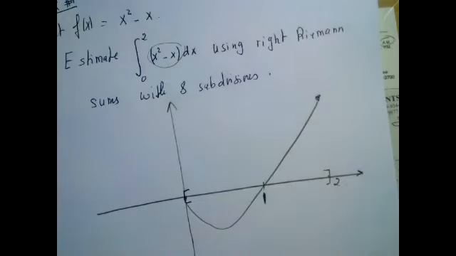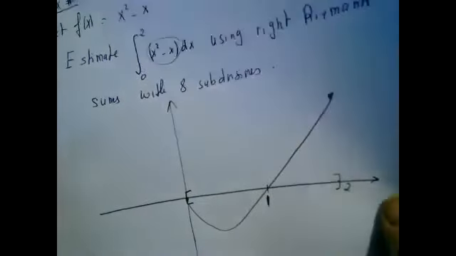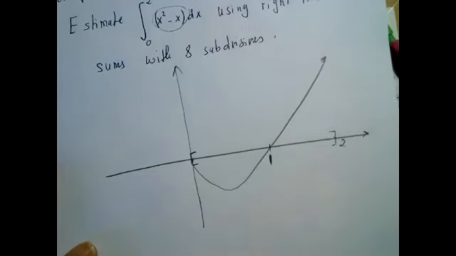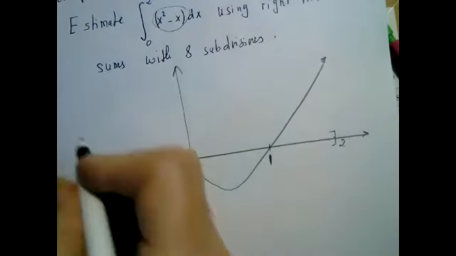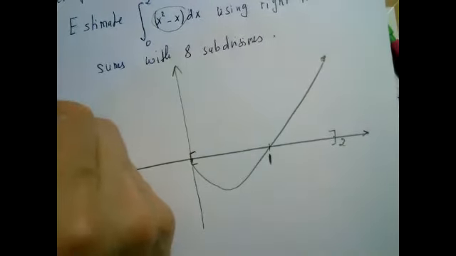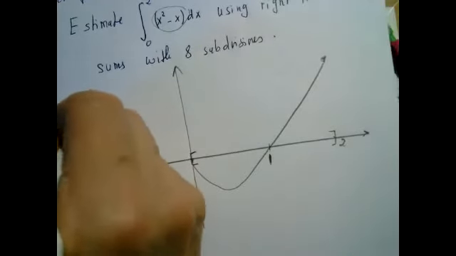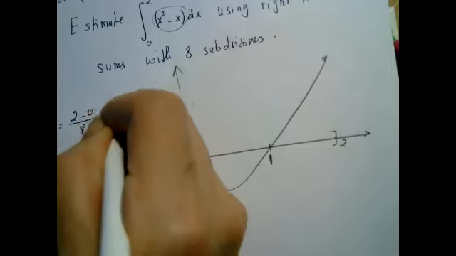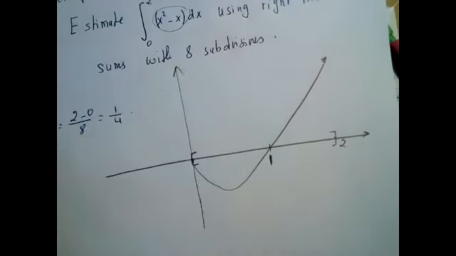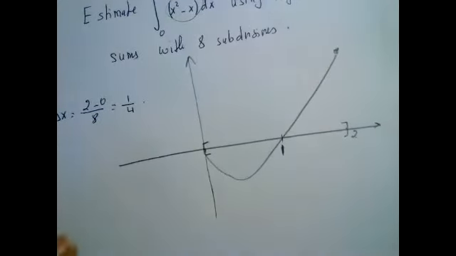Now we're going to divide it into 8 subdivisions. So my delta x is the length, 2 minus 0, divided by 8, which gives me 1 over 4. So that's my delta x. I have to divide it into a lot of pieces.